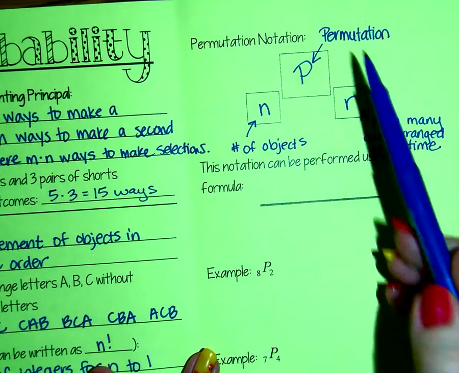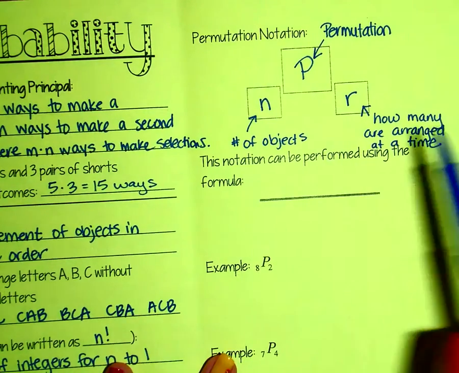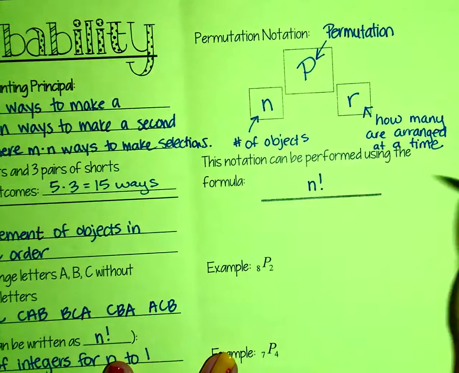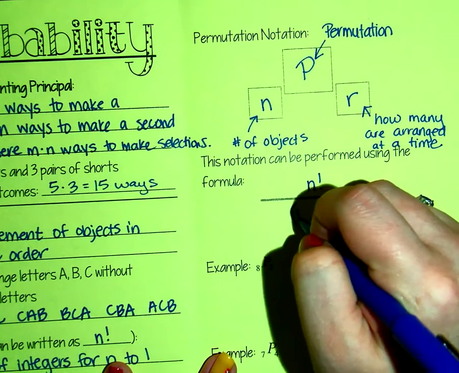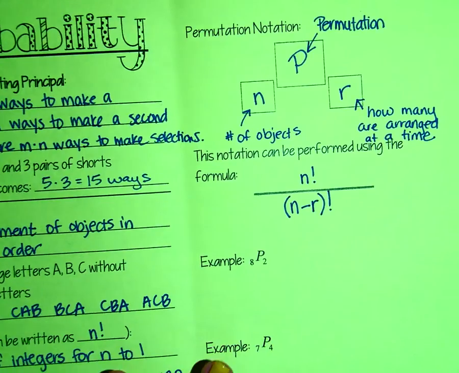If you see something like this, it can be performed using a formula: n factorial all over n minus r factorial. N is on the left, r is on the right. The larger number will always be on the left-hand side.